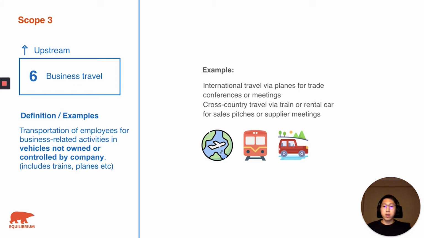Category 6 accounts for emissions from business travel, defined as transportation of employees for business-related activities in vehicles not owned or controlled by the reporting company. Such travel includes international travel on planes or cross-country travel on trains for work-related activities like meetings or attending conferences.